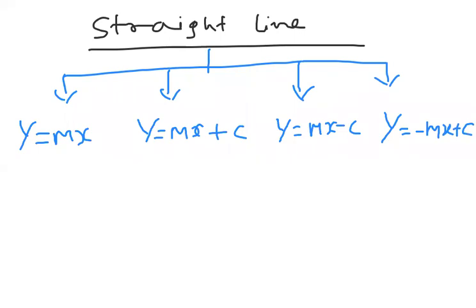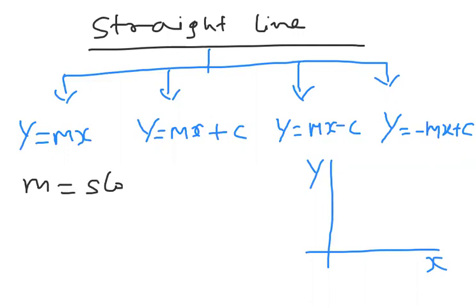For any graph where we are taking y and x, y is the y-axis and x is the x-axis. These are the equations we can write, and all of them come under the straight line equation; the graph we get in all of them is a straight line. Commonly, m is called the slope of the yx graph.